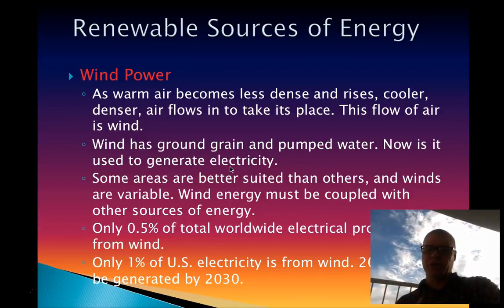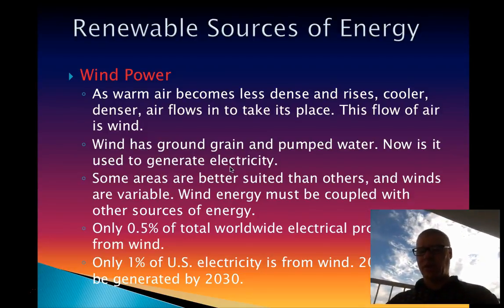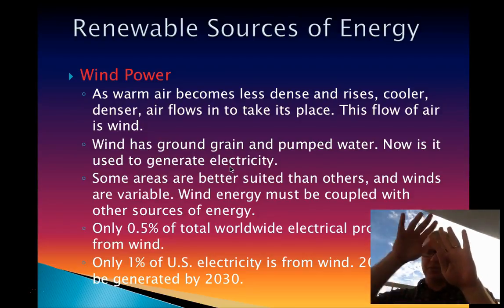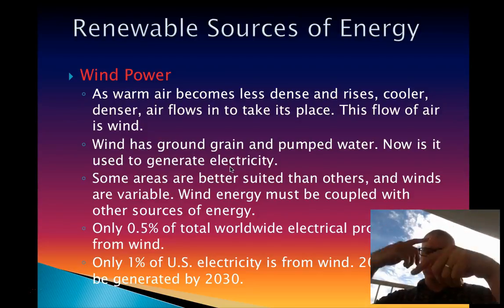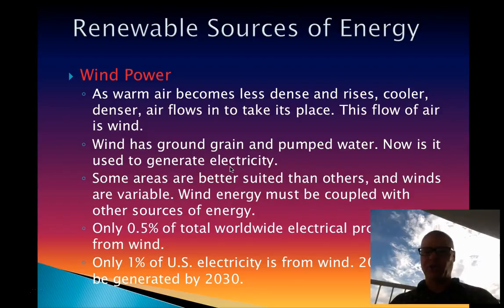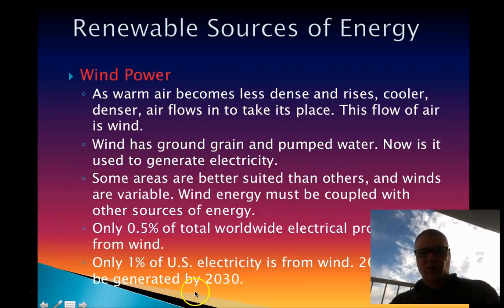One of the big areas they want to do wind power, near Nantucket, offshore in Massachusetts, is a place where there's a very predictable amount of wind and a lot of wind. Sometimes, like in California, they'll put them on mountaintops where there's a lot of wind that comes up over the mountains, so you have a very steady supply of wind to keep driving these giant generators. So right now it's about 1% of U.S. electricity from wind. They estimate as much as 20% could be generated.